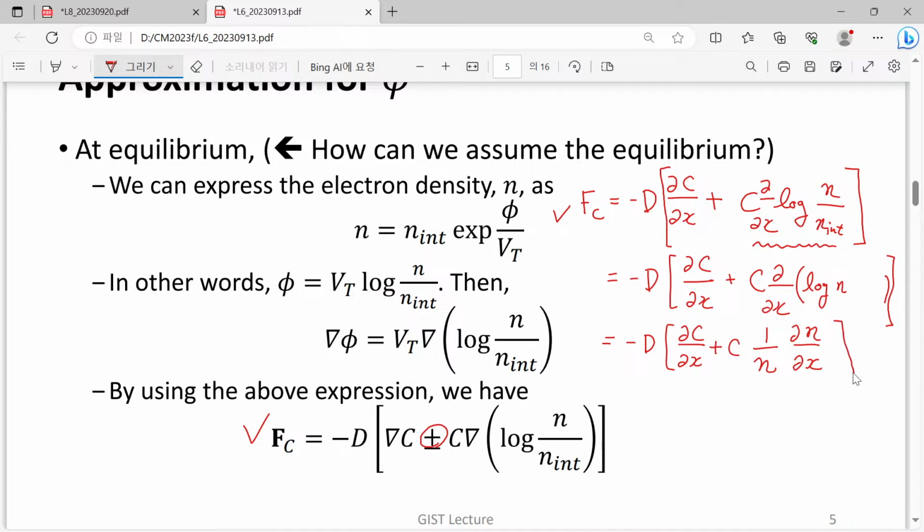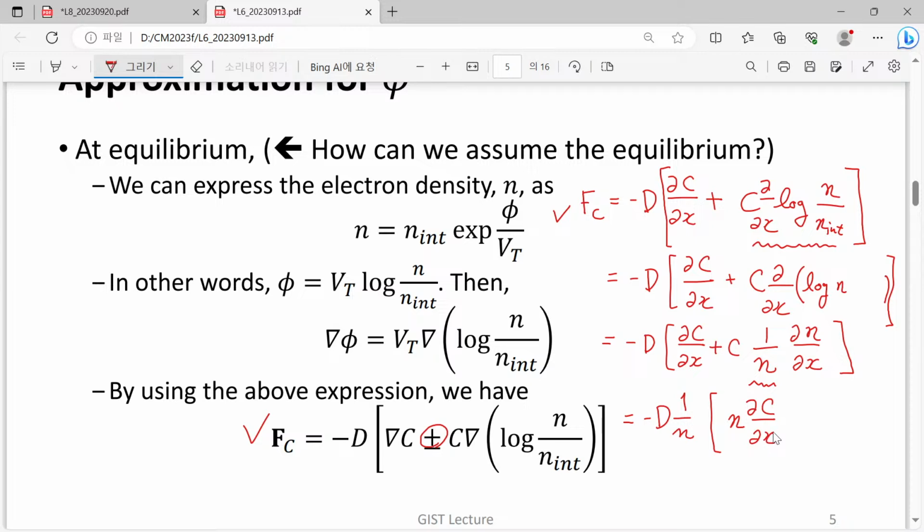Not that difficult to understand. Now here we have 1/n, so why don't you just pull it out. Then your first term becomes just n times ∂C/∂x. Are you with me?